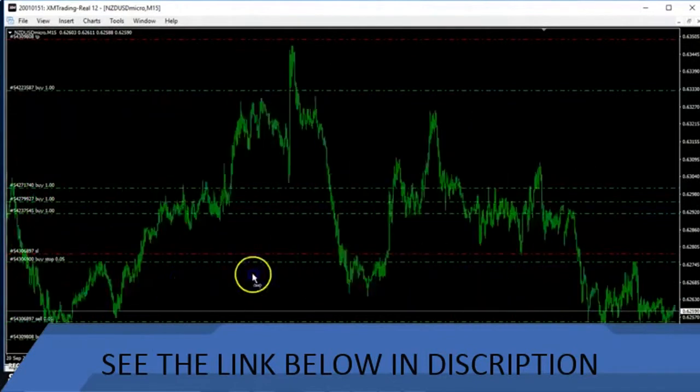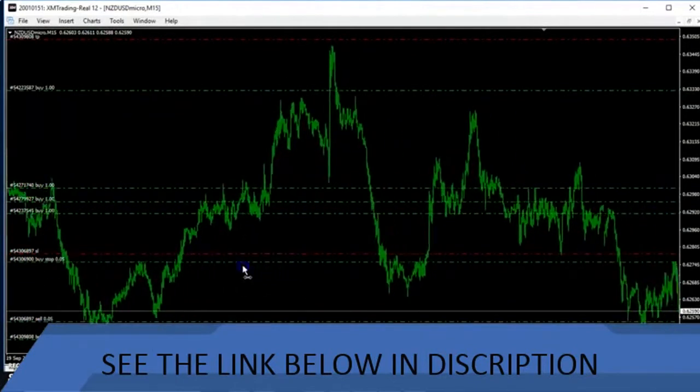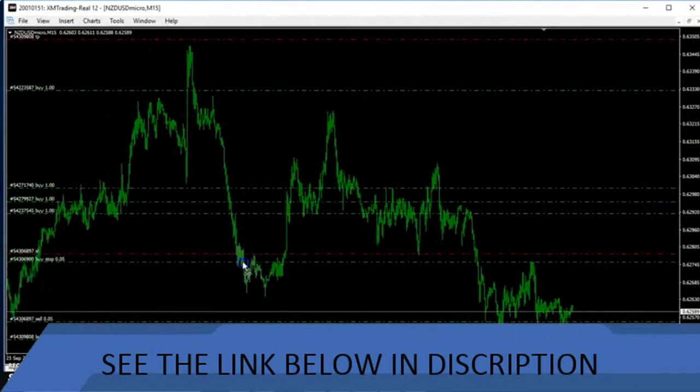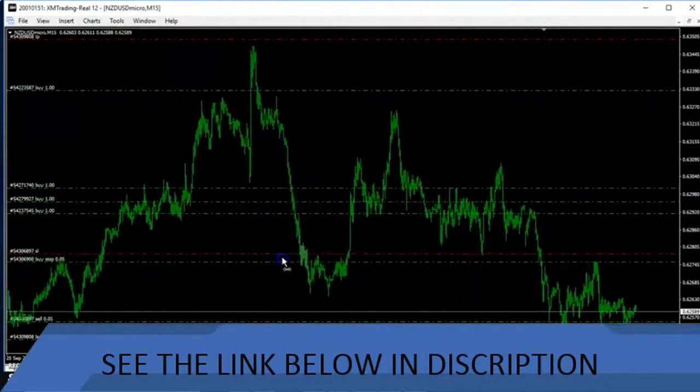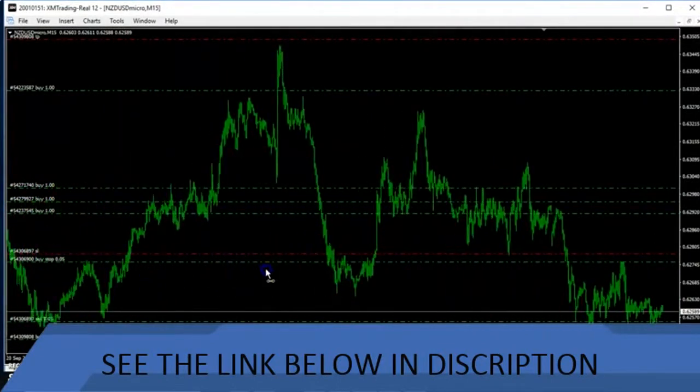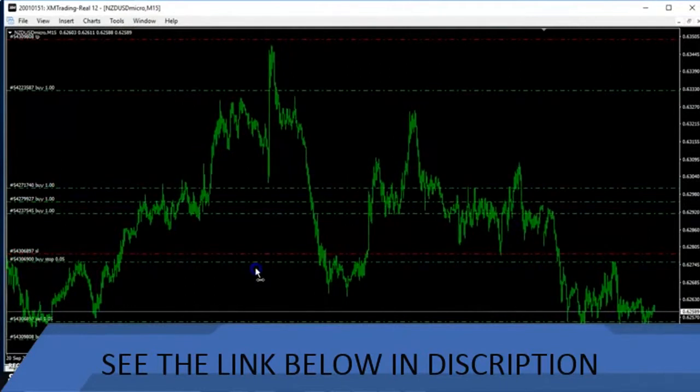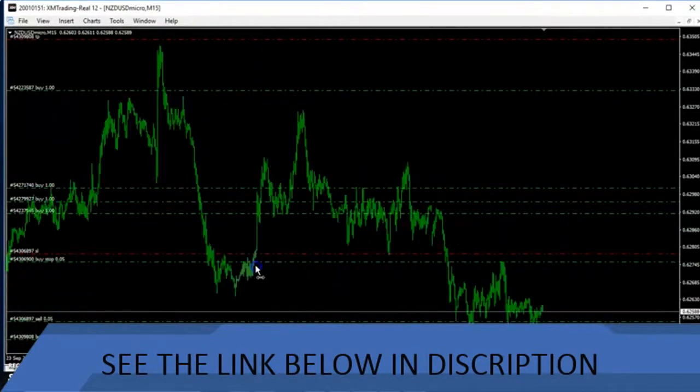I want to tell you something. When you see on a chart that the market has made a circle, starting somewhere from the left and then coming back to that zone, look right.